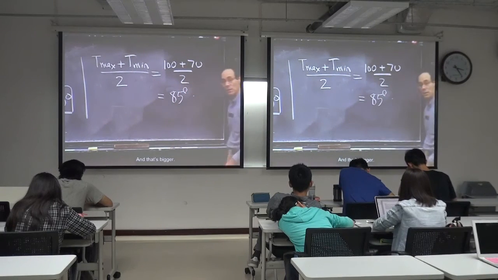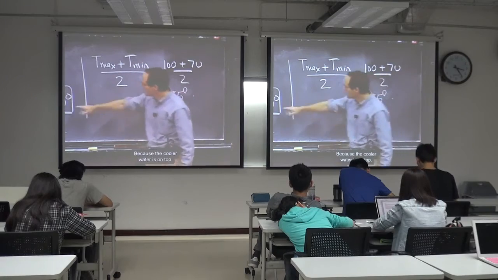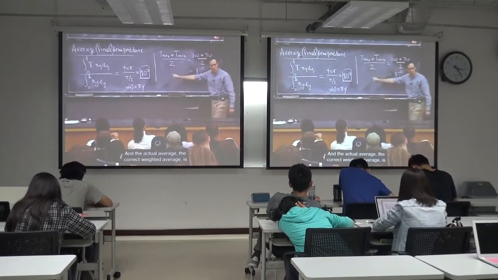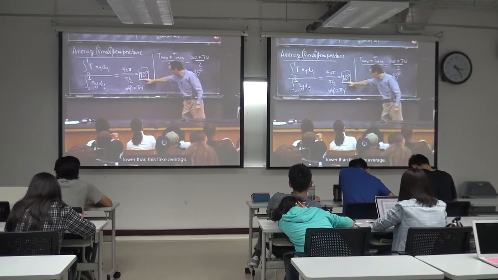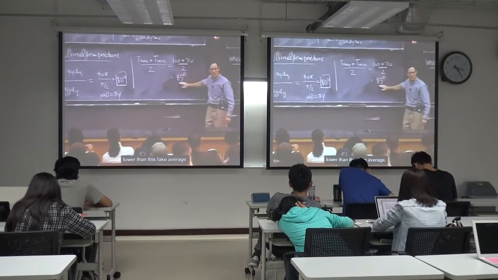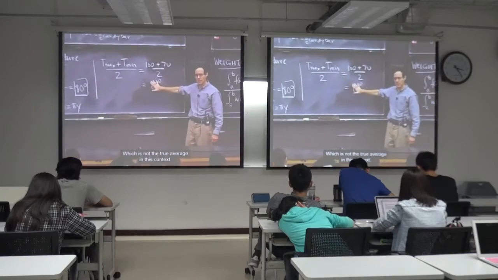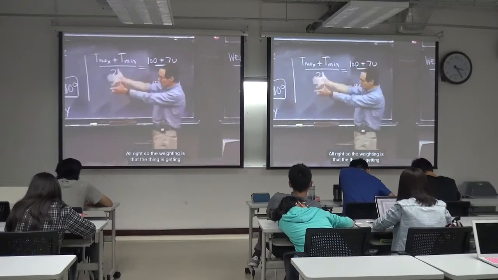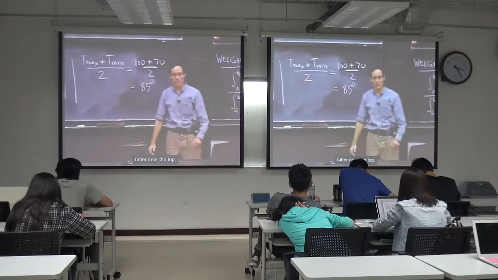And that's bigger. Why? Because the cooler water is on top, and the correct weighted average is lower than this fake average, which is not the true average in this context. All right. So the weighting is that the thing is getting fatter near the top.